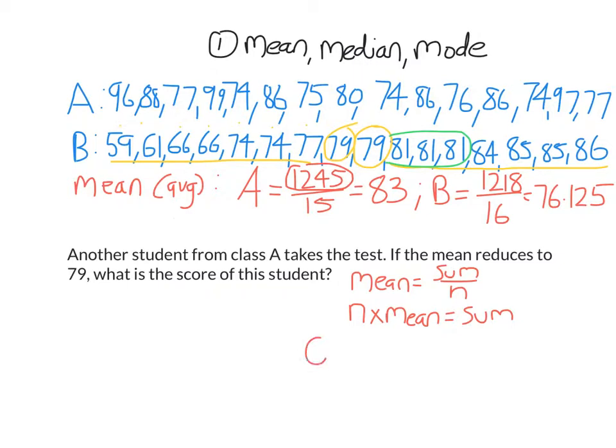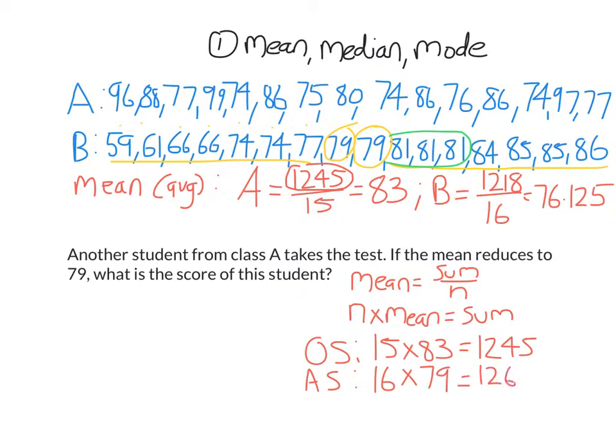So the original sum, which I'll call OS, would have just been, so there were 15 scores, the mean is 83, so they add up to 1245. So the sum after the student took the test, so if the student takes the test, there would now be 16 scores in Class A, and if the mean is 79, we just multiply them together to get 1264.